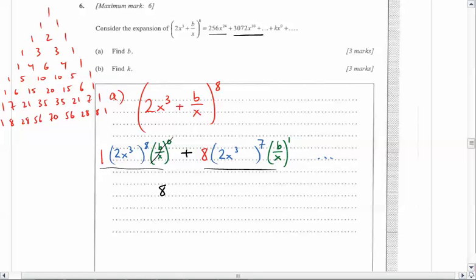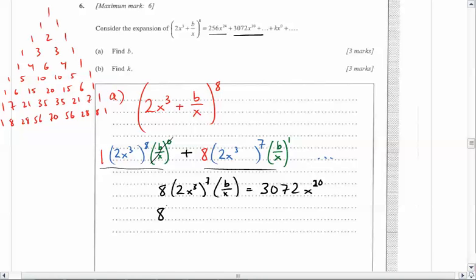So I'm just going to say that 8 times 2x cubed to the power of 7 times b over x has to be 3072 x to the power of 20. That's better.